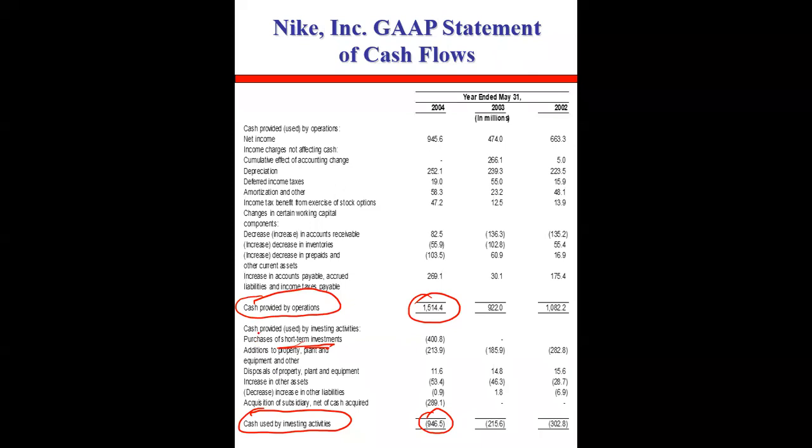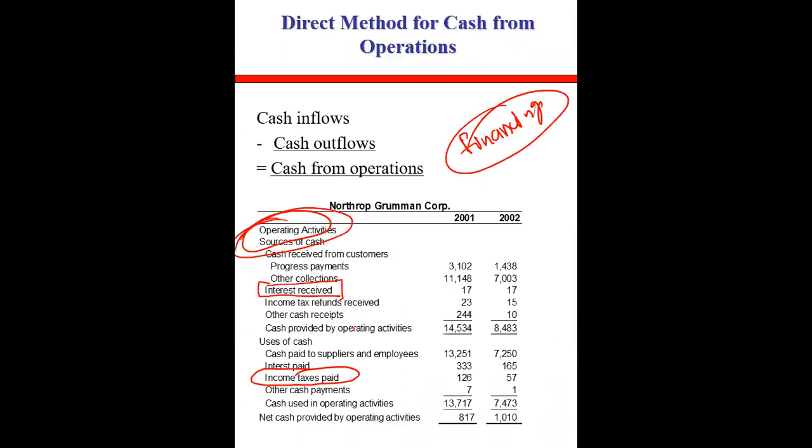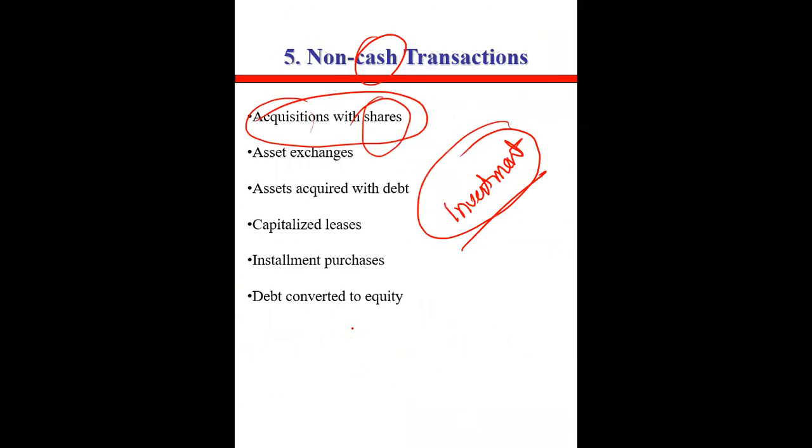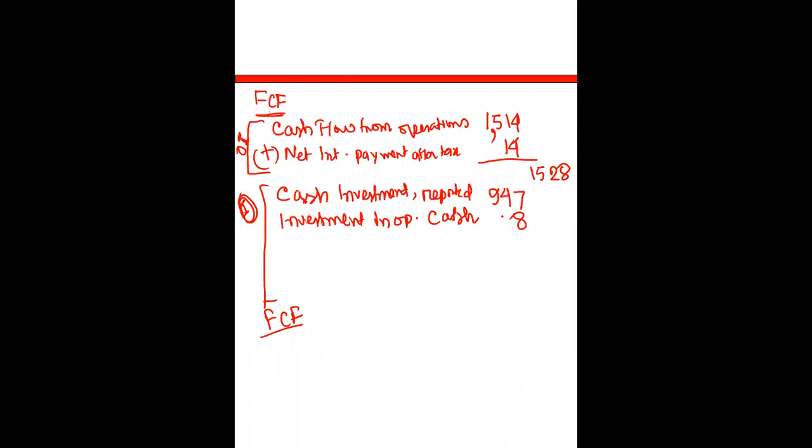Now, the part we mentioned here. Yeah, this one. Purchases of short-term investment. Now, I like to separate it out from this investment. What should we do?